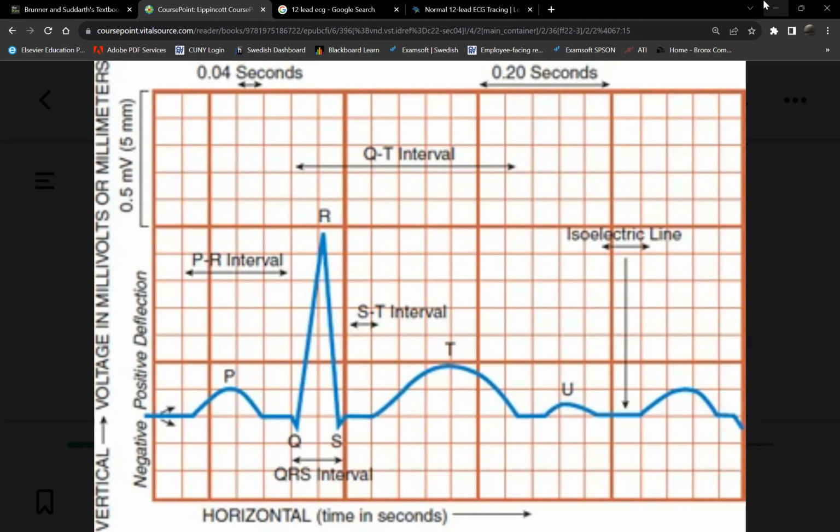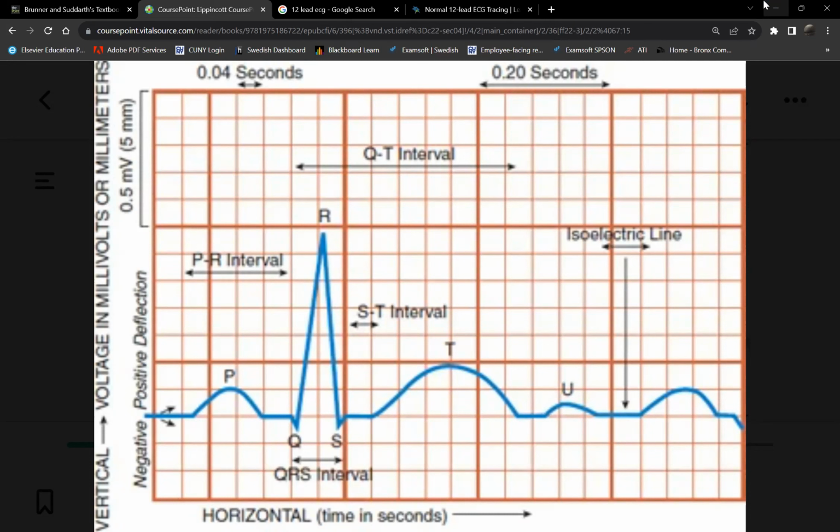You'll see that there are small boxes, and within those, there's a big box, correct? So you've got small boxes here, and you've got big boxes. If you count, there are 5 small boxes in 1 big box. I'll explain the significance later. So what does the horizontal axis represent? Time in seconds. What about the vertical axis? This represents voltage in millivolts.